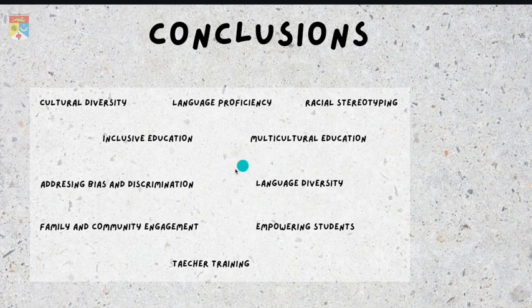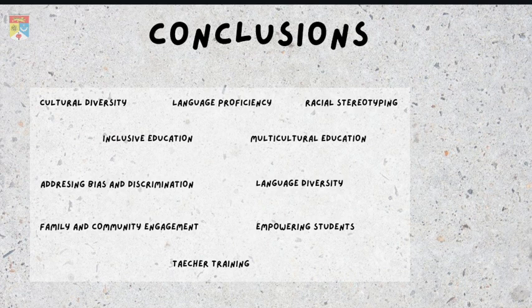Number 6 is addressing bias and discrimination. Schools must address bias and discrimination through awareness campaigns, diversity training, and promoting positive intercultural interactions among students, teachers, and staff.